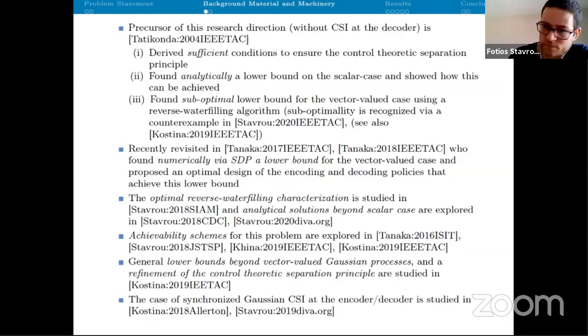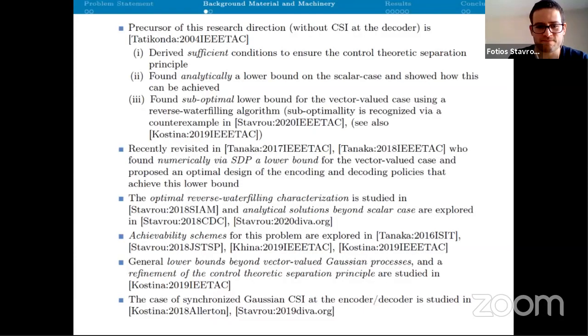Recently, this problem was revisited by Tanaka and his co-authors in two companion papers, in which they derive numerically via semidefinite programming a lower bound for the multivariate Gaussian case and proposed an optimal realization of the encoding and decoding policies to achieve this lower bound.